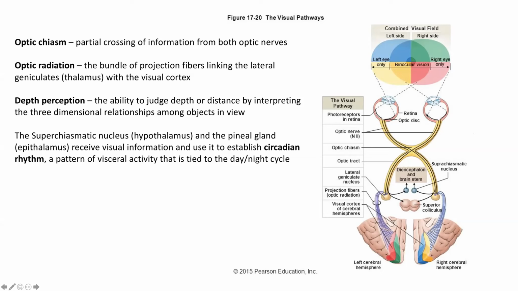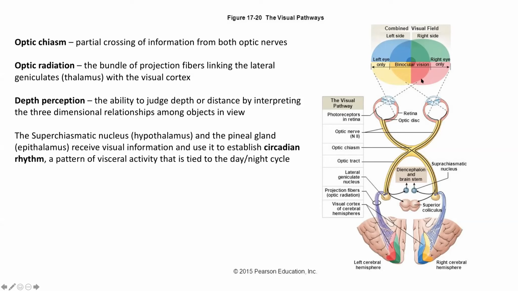The nasoretinal images, so this is your nose, those cross, and both of the nasoretinal images cross and go to the opposite side. The temporal retinal images stay on the same side. They go back to the lateral geniculate nucleus where they synapse, and then they head through the projecting fibers to the occipital lobe.